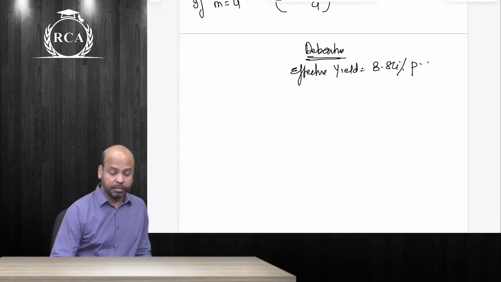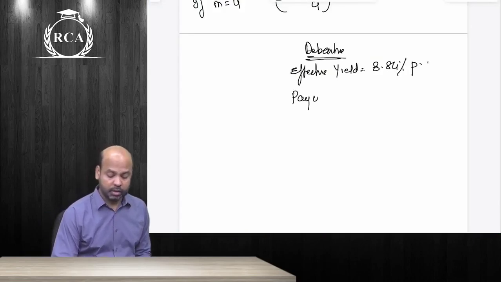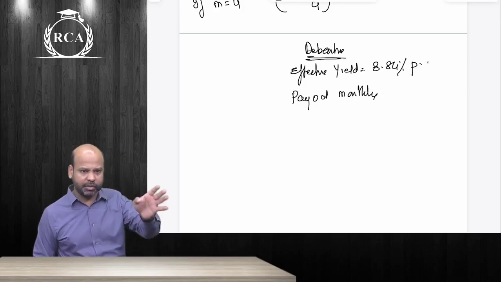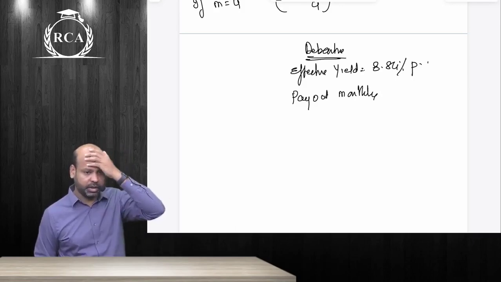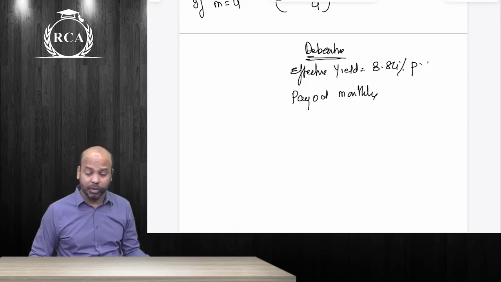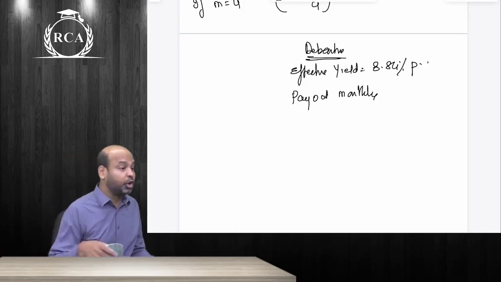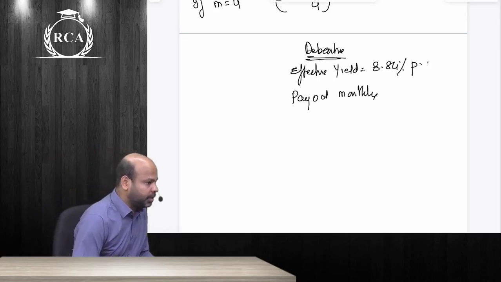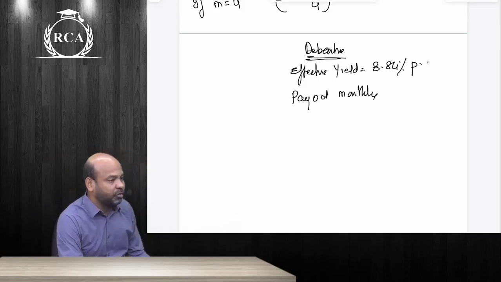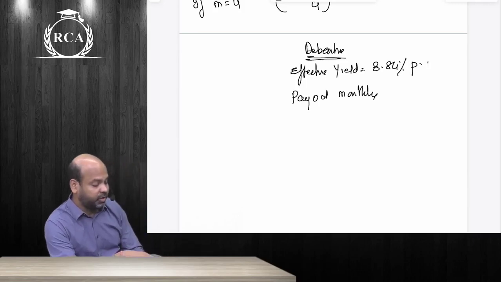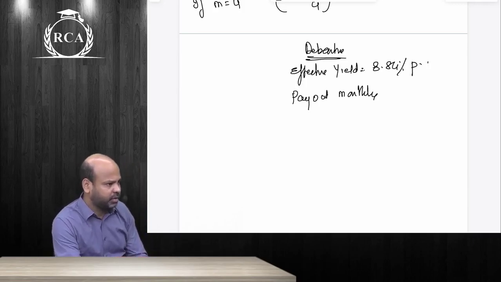All right, but you want to pay out monthly. You do not want to pay out on a yearly basis. If you want to pay out on a yearly basis, directly offer them a coupon of 8.84%, story over. But you do not want to pay them on a yearly basis, you want to pay them on a monthly basis. But you still want to offer an effective yield of only 8.84%. What should be the interest rate that you should be telling your investors?